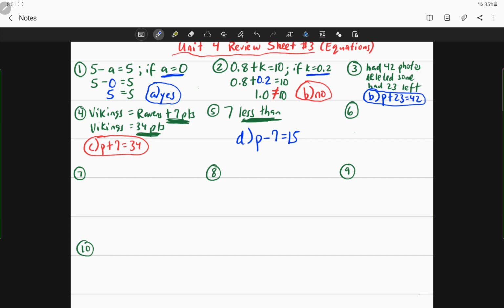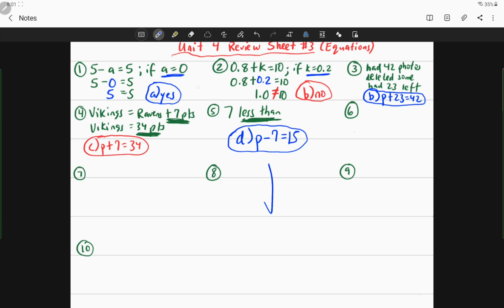And again, it makes sense if you think about the word problem. It says 7 less than the number of pencils is 15. So again, we have a number and we're subtracting 7 from that since it's less than and it equals 15.